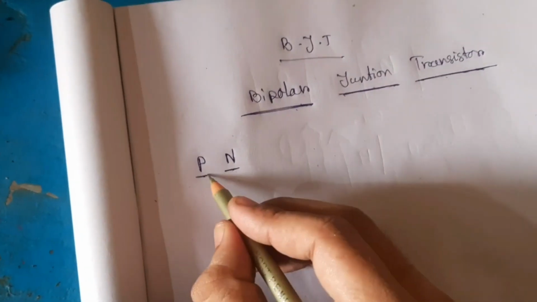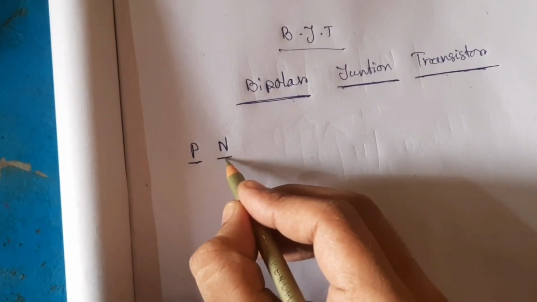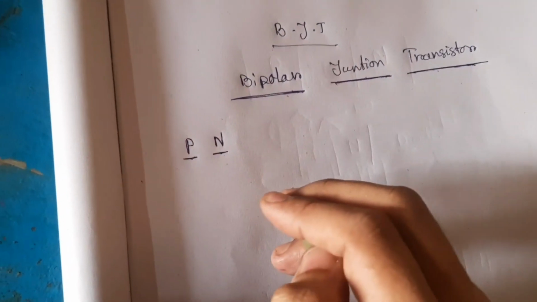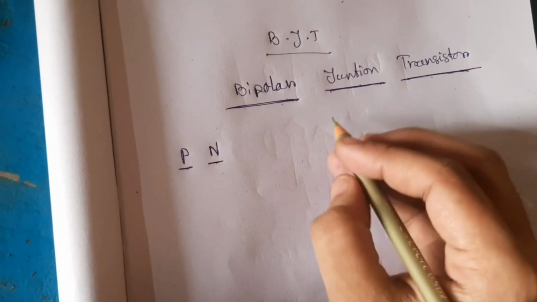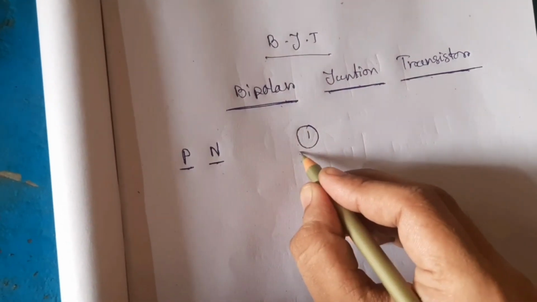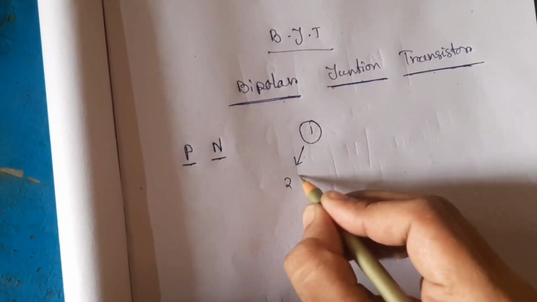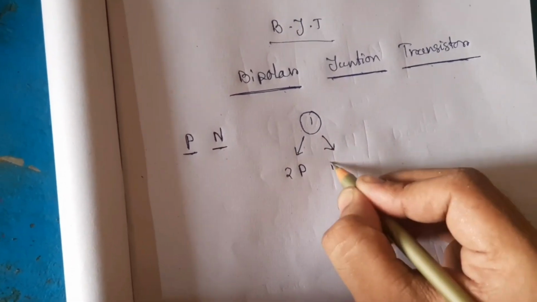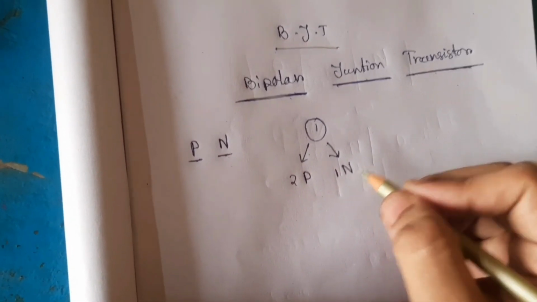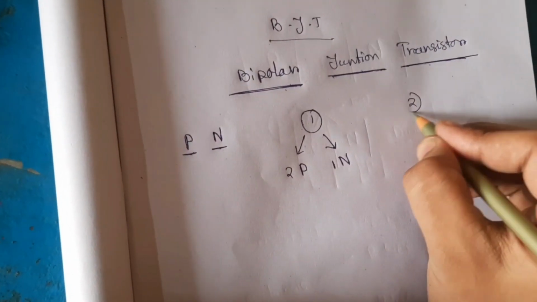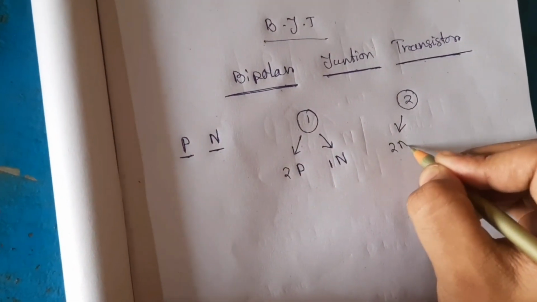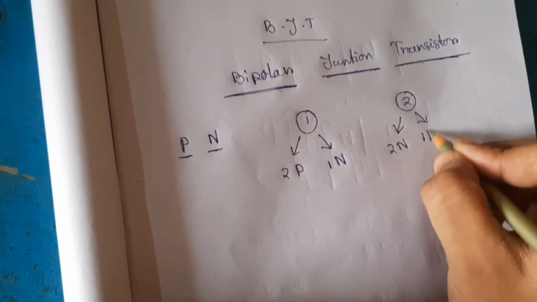We know there are two types of semiconductor crystal and the number of crystals is 3. So how can we arrange the transistor? The first arrangement is where I use 2 P crystals and 1 N type crystal. This is a transistor. And another arrangement is 2 N type crystals and 1 P type crystal.